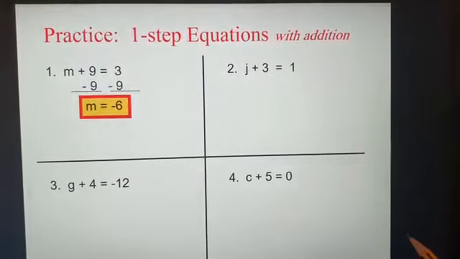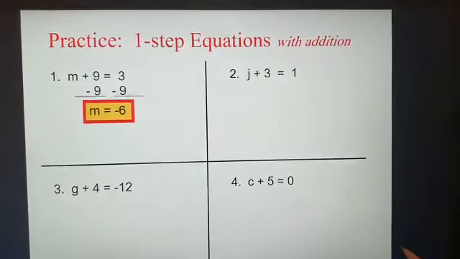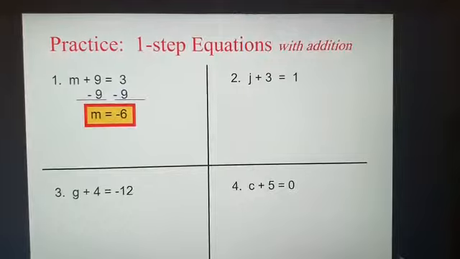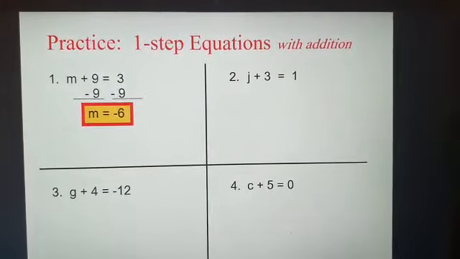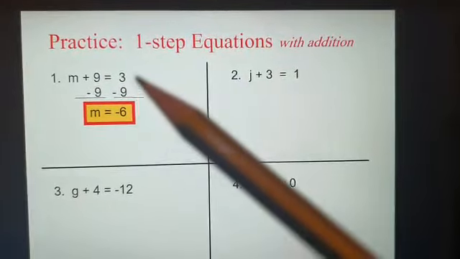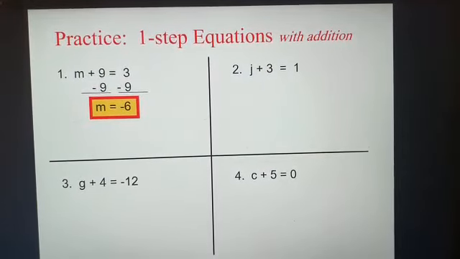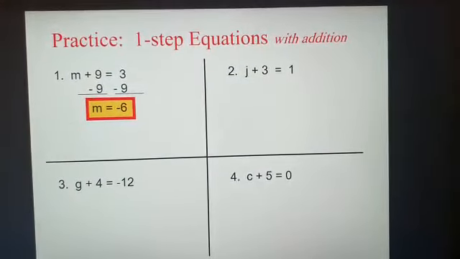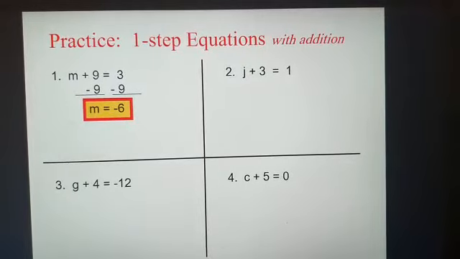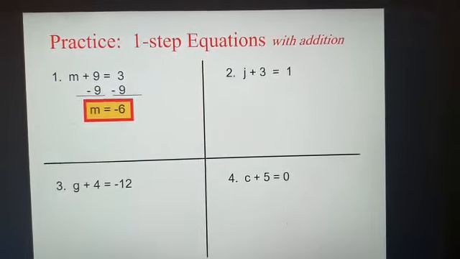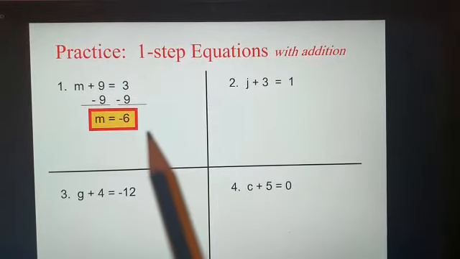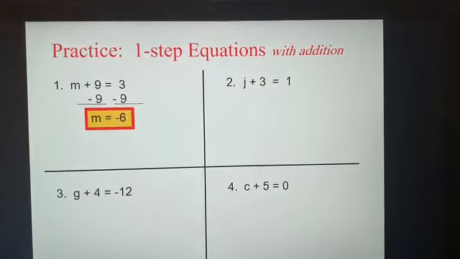After we solve the equation, we have to check if our answer is correct or not. Where will I check? I will check in the main equation. So I'll substitute the value of m inside the main equation. I'll remove m and put m equals negative 6.